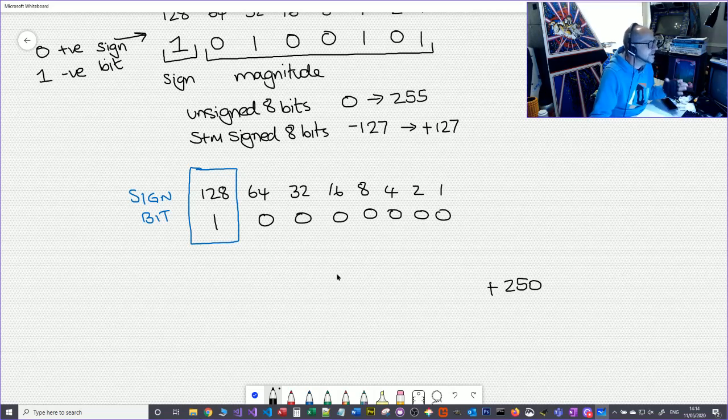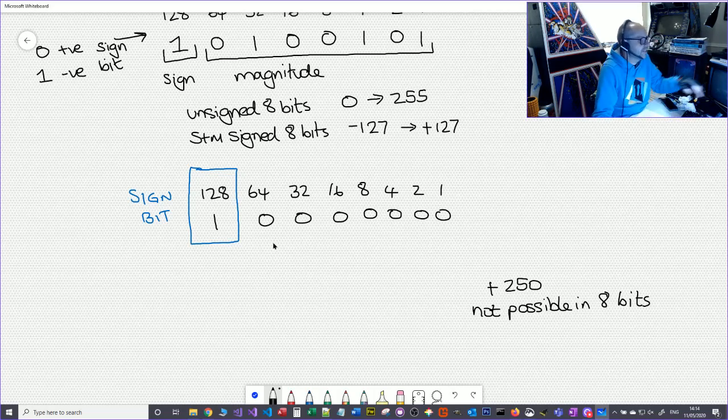You mustn't try and write the number down. You would have to say not possible in 8 bits. It would be possible if you added some extra bits. But it is really important that you don't attempt to write down as big a number as you can. You can't just say, oh, that's close. So you wouldn't be able to represent certain numbers.